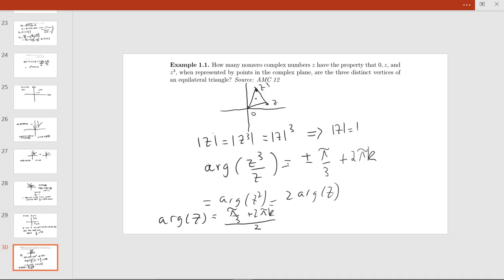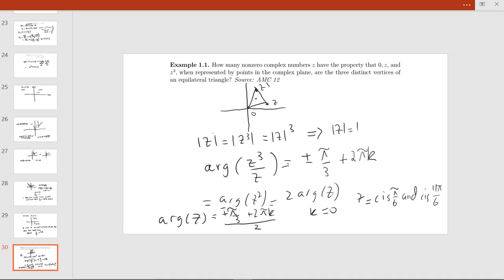Now we can test different values of k and see what arguments they produce. If we set k equal to 0, we get two solutions: z is equal to cis pi over 6 and cis 11 pi over 6.